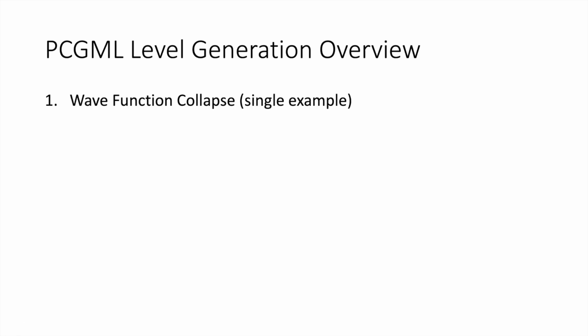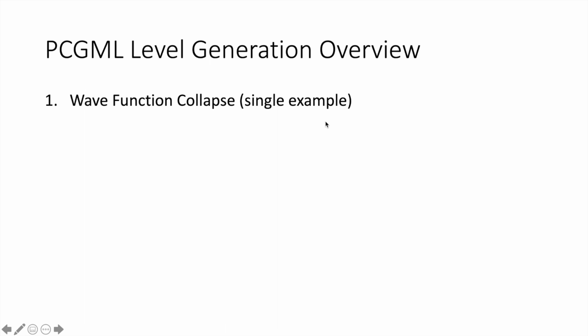We're eventually, but not today, going to talk about 5 different approaches, but today we're just going to talk about one, and that's called wave function collapse. And the cool thing about wave function collapse is it requires only a single training example, which is wild, right? I just told you that for modern machine learning, we're talking about millions of instances of training examples. And with wave function collapse, we can do it with just one.